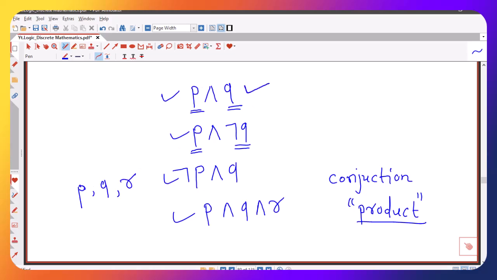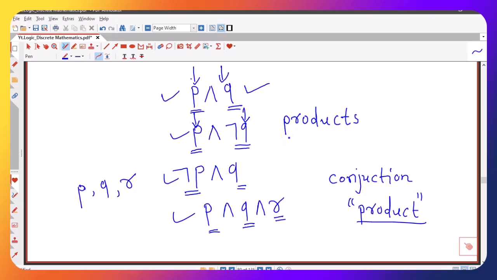In the first product we are using variables P and Q. In the second product we are using variable P and the negation of variable Q. Here we are using the negation of P and Q. Here we are using three variables P, Q and R. So we can call all these products of variables and their negations.